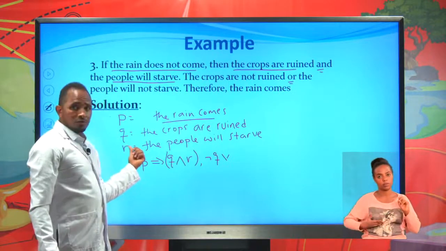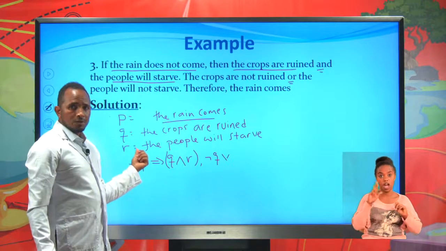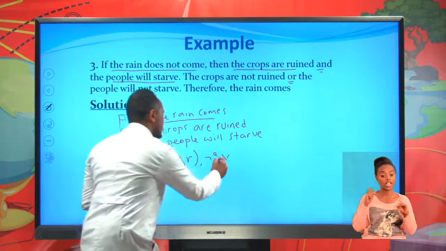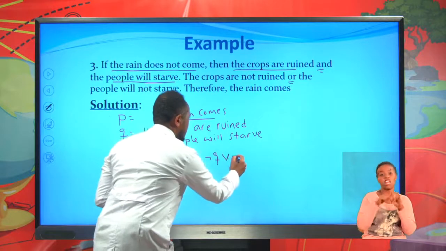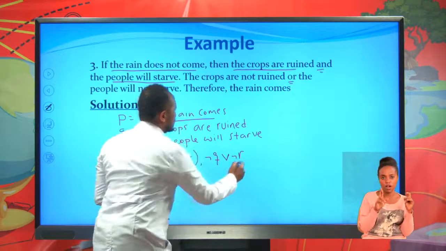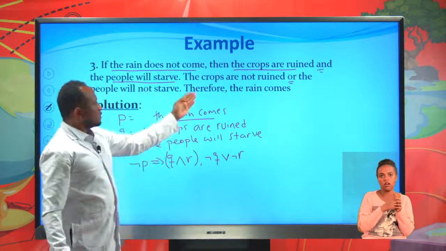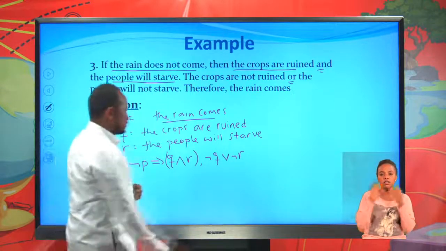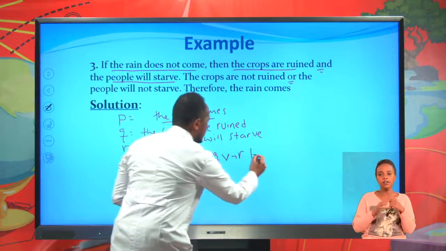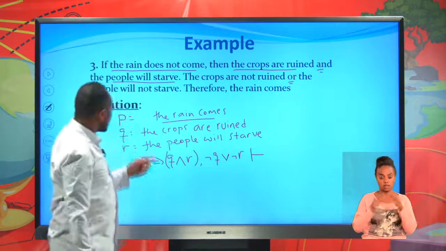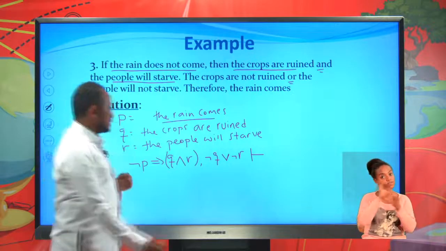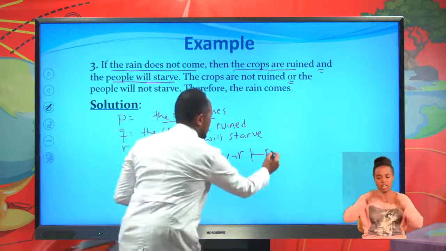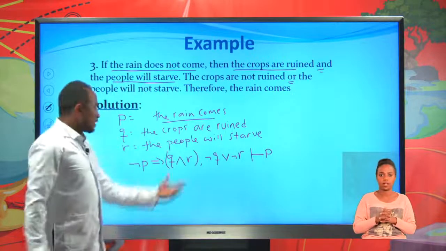R is the people will starve, so the people will not starve is negation of R. So therefore the rain comes. Therefore is a conclusion. The rain comes is P. Okay, this is the argument form.